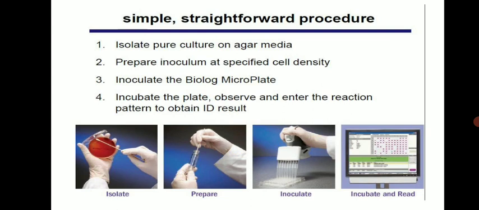You isolate pure cultures on agar media, prepare inoculum at a specified cell density, then inoculate the Biolog microplate. Just like a microtiter plate, you inoculate the suspension, and after incubation you observe and enter the reaction pattern to obtain the ID result.